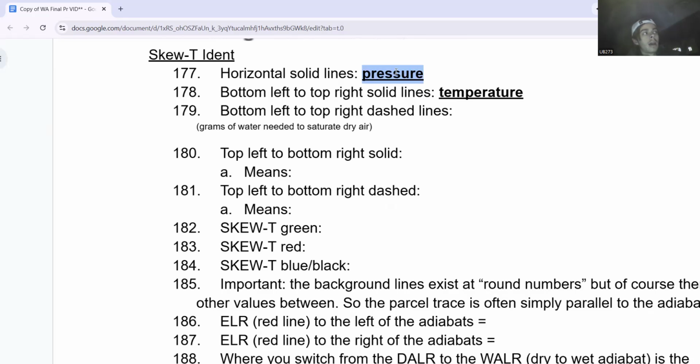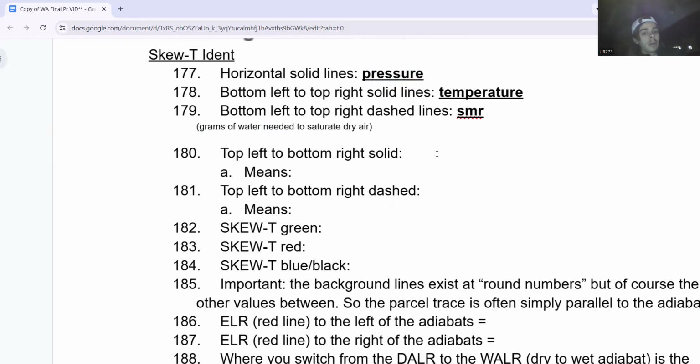That's why you can see that there's not equal distance between those horizontal lines as you go up. Temperature is tilted. That's why it's skew T. Bottom left to top right dashed lines is your saturation mixing ratio, the grams of water needed to saturate dry air.